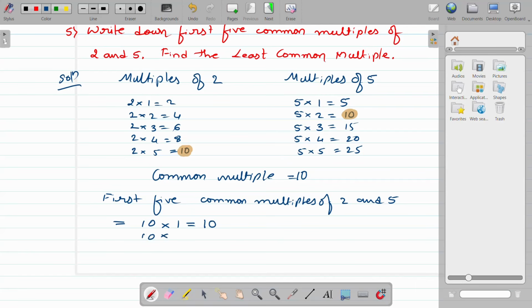Second common multiple is 10 into 2, which is 20. Third common multiple is 10 into 3, which is 30. Fourth common multiple is 10 into 4, which is 40. And fifth common multiple is 10 into 5, which is 50.